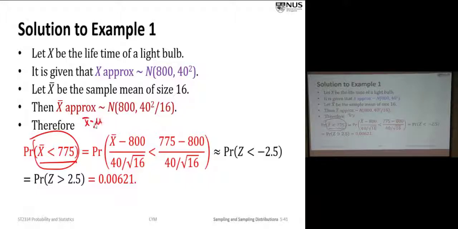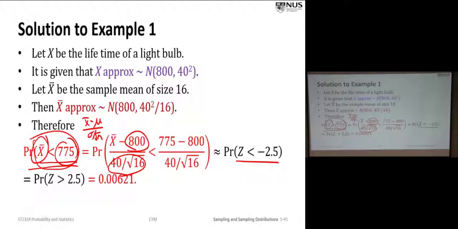Whatever you do on one side, you also do on the other, so we apply it to both the left and right-hand sides of the inequality. So this probability of x bar less than 775 is approximately equal to the probability of a standard normal random variable less than minus 2.5.